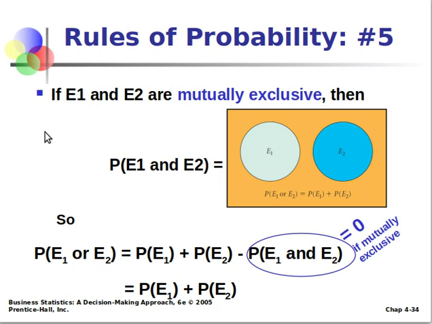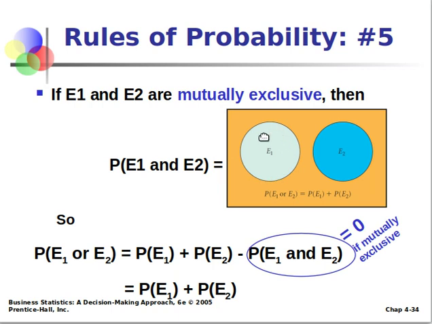Now this means that if event 1 and event 2 are mutually exclusive, then the probability of E1 and E2 equals something like this visually, where this is event 1, this is event 2, described mathematically as this in this equation.